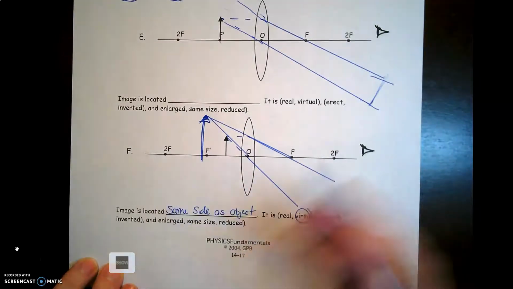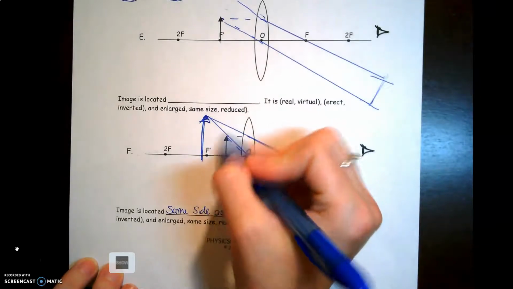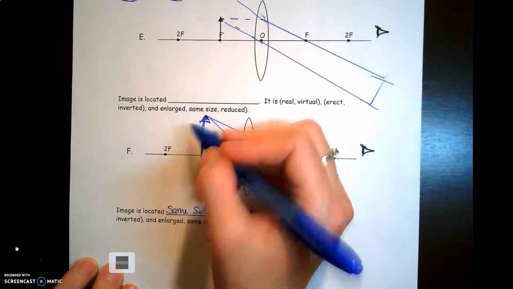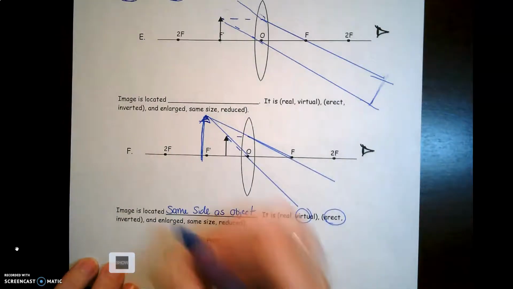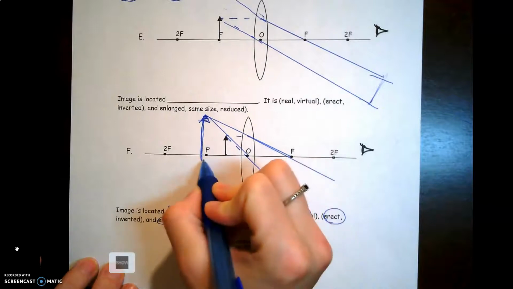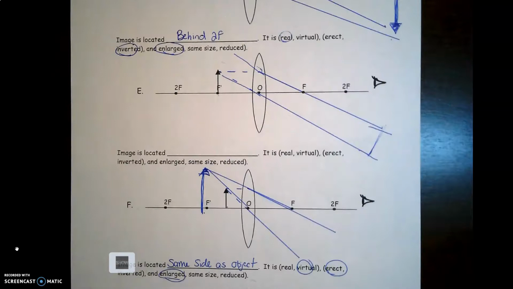It is erect or upright, meaning the arrow was pointed up and it would appear to be pointing up as well. And it would be considered enlarged because the arrow started at this size and got larger in the image. And that is it for the lens.